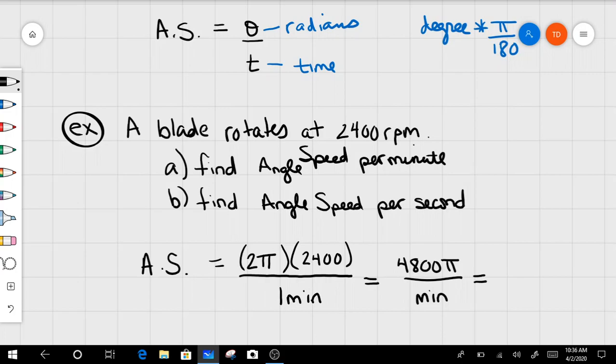So in your calculator, you would put 4800 times 3.14 for pi, and you'd get 15,072 per minute. That's your angular speed of this blade.